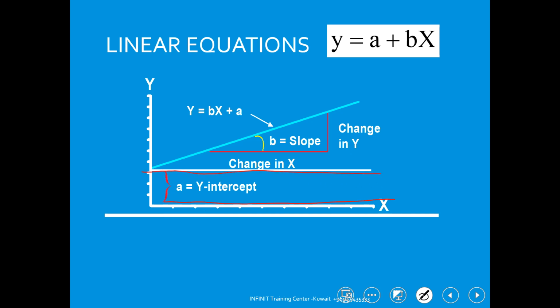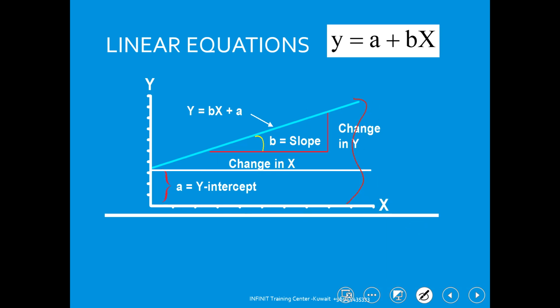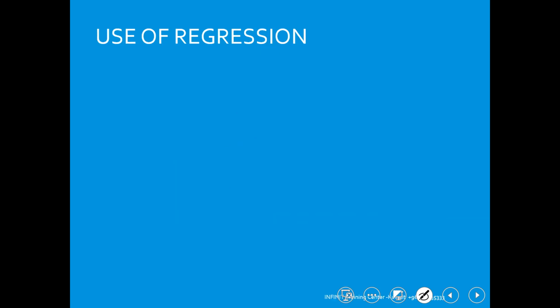Then the variable cost: when you start making more and more units, the variable cost is increasing. Correct? And that is what your total cost is. So you can find out the variable cost and fixed cost if you know the total cost from this graph. The formula is Y is equal to A plus BX.